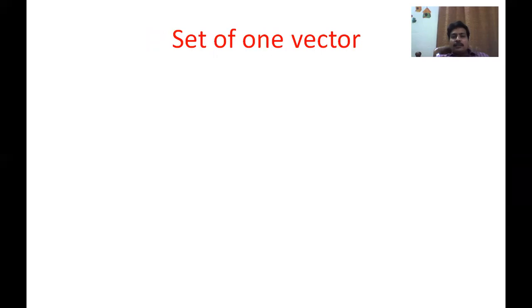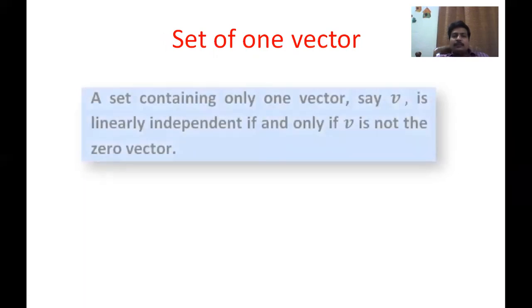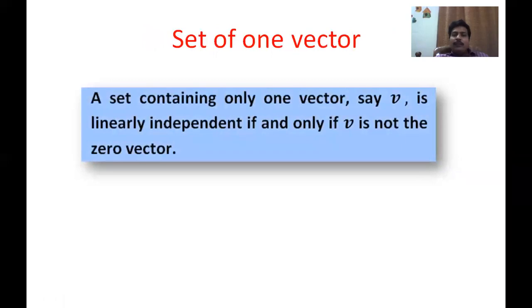Let us look into some of the sets which are linearly dependent and which are linearly independent. Set of one vector. A set containing only one vector, say v, is linearly independent if and only if v is not the zero vector.